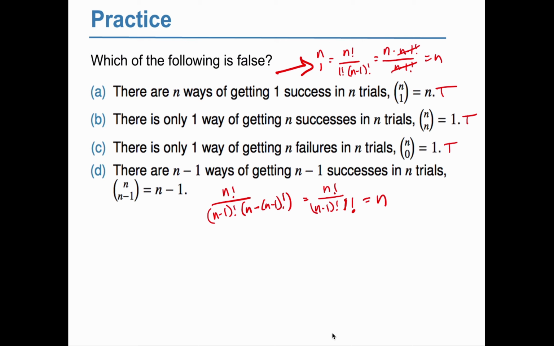Right? N minus 1 successes is the same as 1 failure, which is going to be the same as 1 success. So this is the one that's false. The binomial distribution, one of the key features of it is symmetric. So the number of ways of getting 1 success is the same as the number of ways of getting 1 failure.